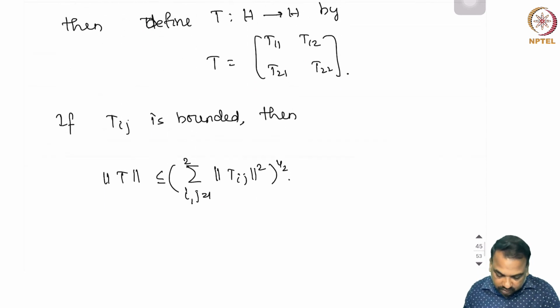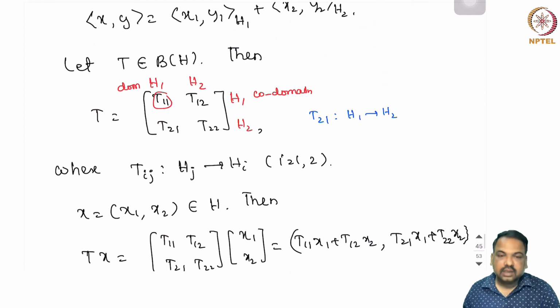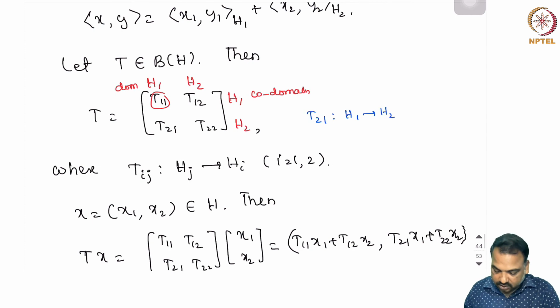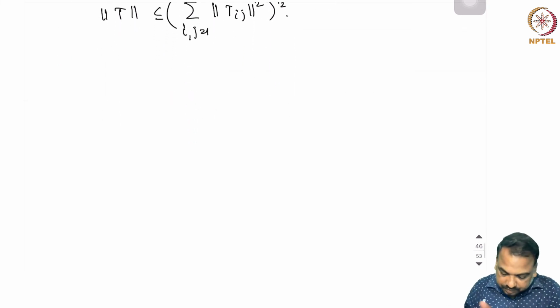Now the advantage of this is that we can treat this as a matrix. In fact, the elements in this matrix are operators, so this is known as an operator matrix. We can take the product and sums of two operator matrices as usual, the way we do for n by n complex matrices or m by n complex matrices.